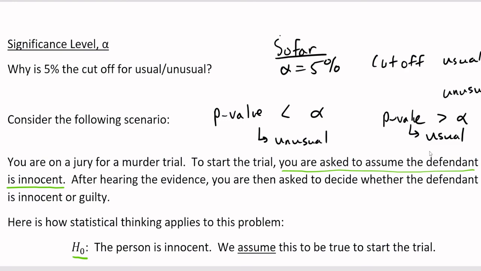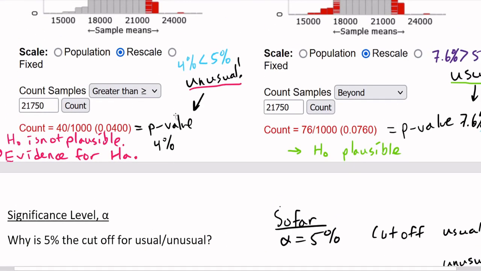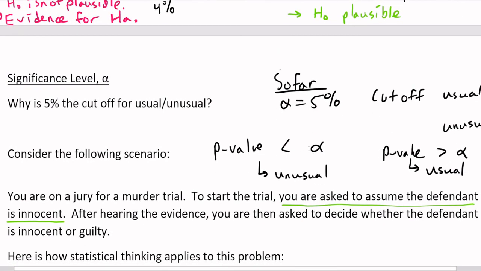This is the exact thing that we did down here, up here. 4% less than 5, done, unusual. 7.6 bigger, usual, done. That process, literally the same thing. We're just going to have to be careful in each problem to write down, is it 5% or is it some other number we're comparing to? 1%, 10%, somewhere in between. That's it. That's all you're going to have to change up for problems in the future.